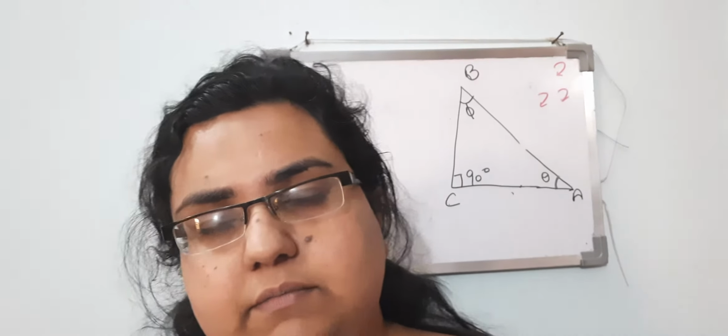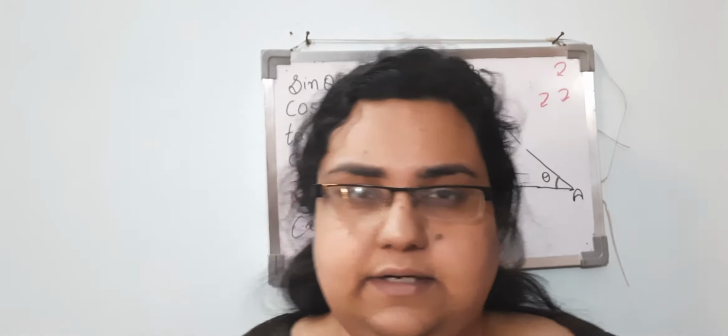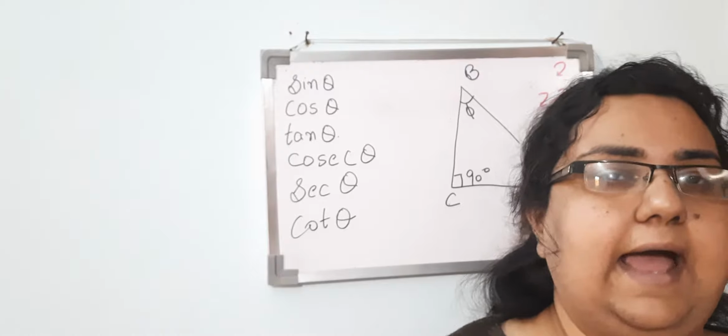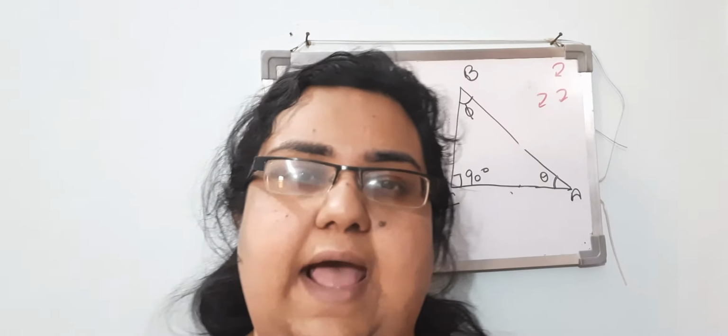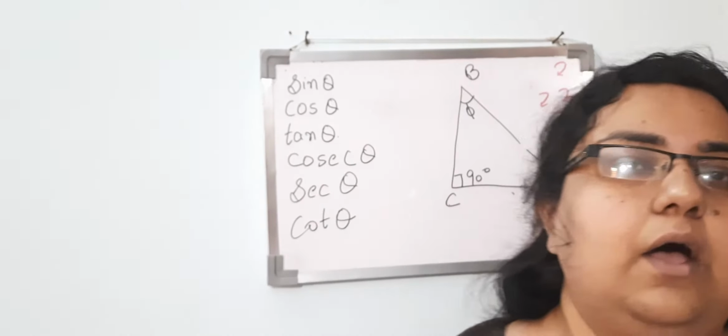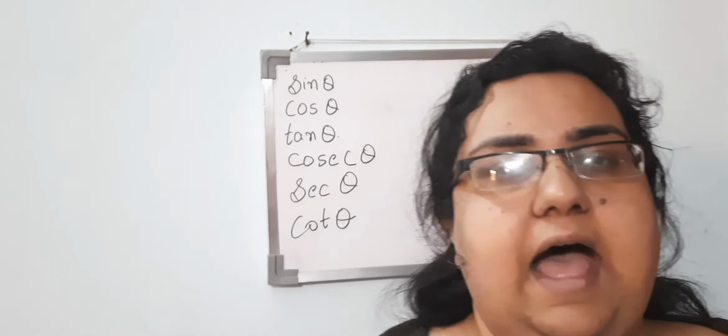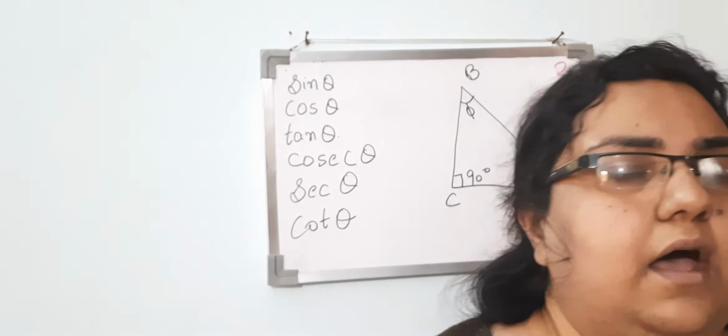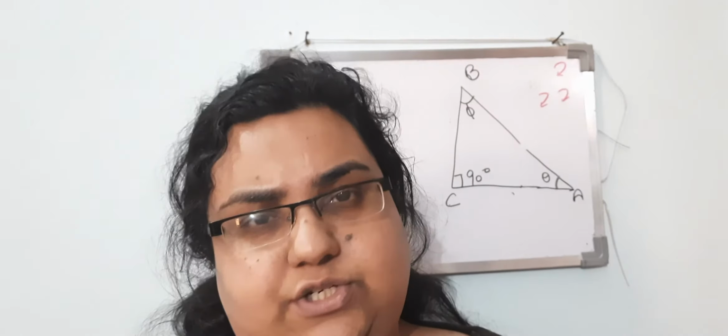Trigonometry depends on some identities, some ratios, and a triangle known as a right angle triangle. So we have to remember all these things and discuss that in today's session.